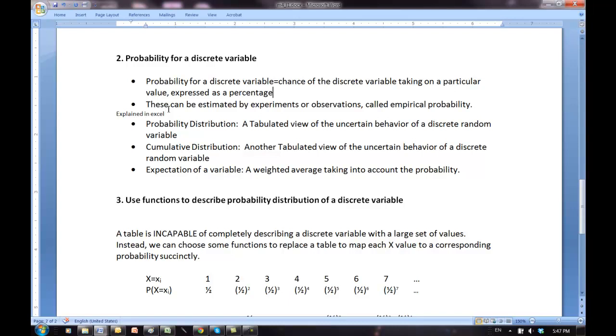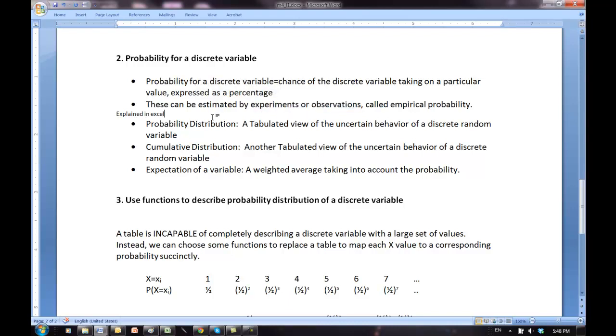And these percentages can be estimated by experiments or observations. They are called empirical probability simply because that's how we derive them, from experiments or observations.